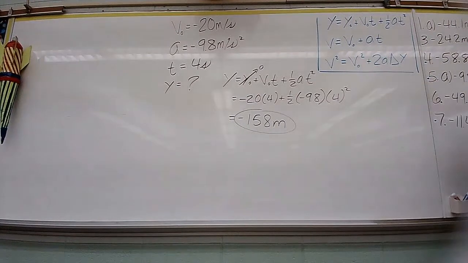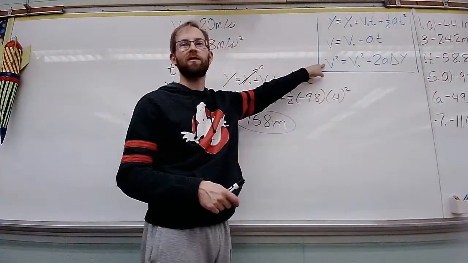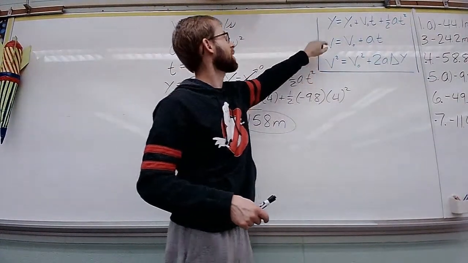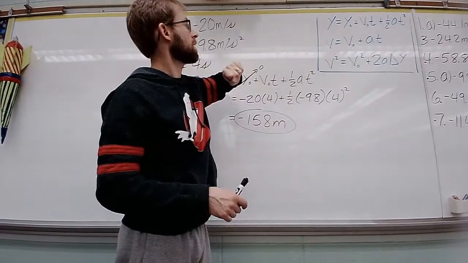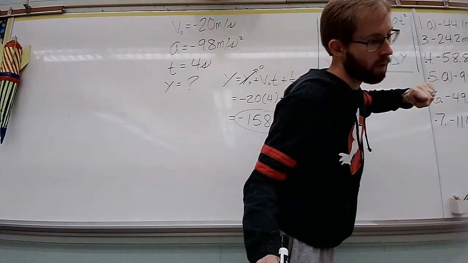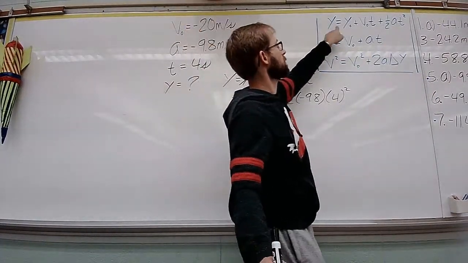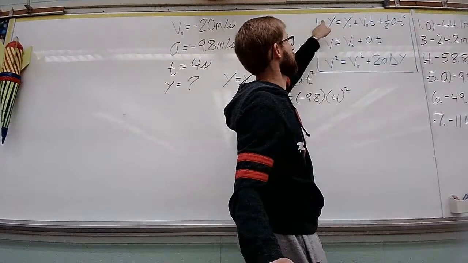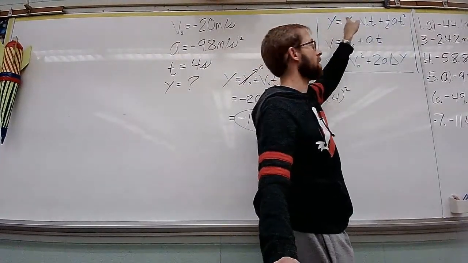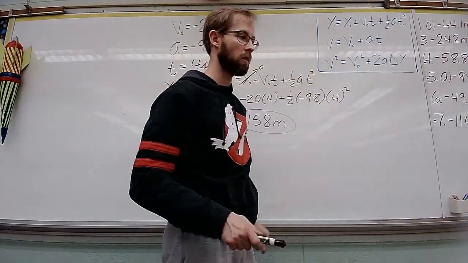So if I'm looking for a time, I'm probably going to look not here, because there's no time there. So I'm going to look up here or down there. So let's see. We're looking for the time when it reaches a speed of negative 50. So this equation up top does not take like a current velocity into account. It only takes a starting velocity into account. So I'm going to see if the middle one gets me anywhere.